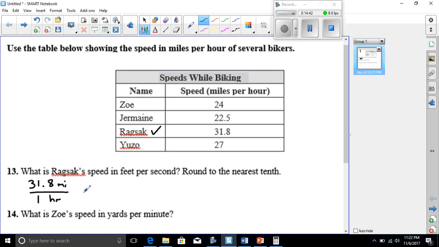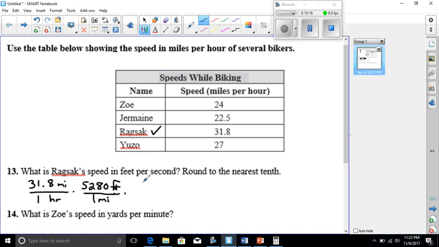And if I'm doing feet per second, first I'm going to take care of the feet, because I know that 1 mile is equal to 5,280 feet. We did that in class, I'm pretty sure. Now when I have that, I also have to get rid of not only my miles, I have to get rid of my hours.